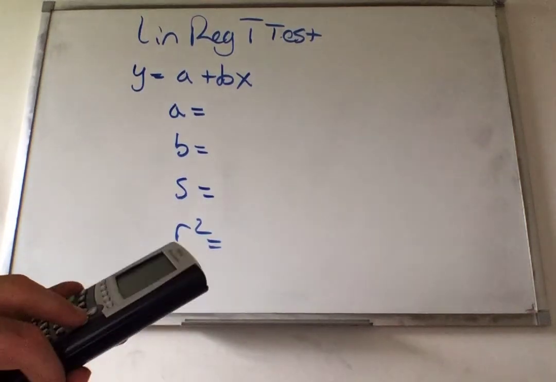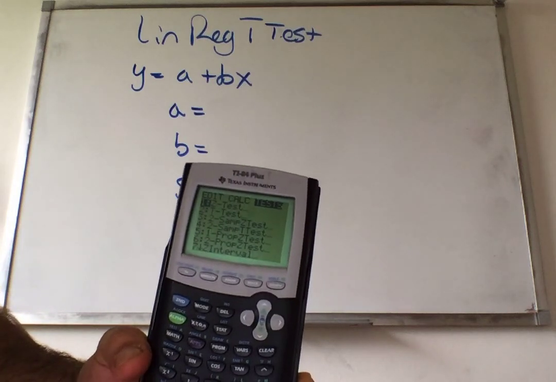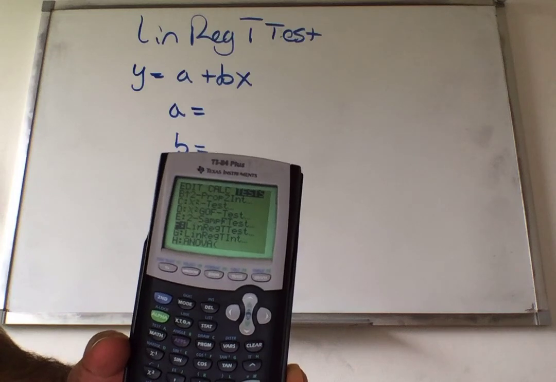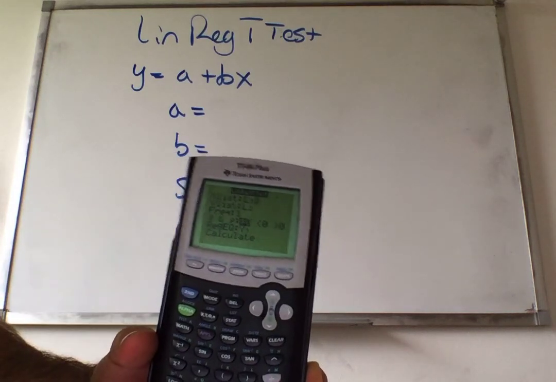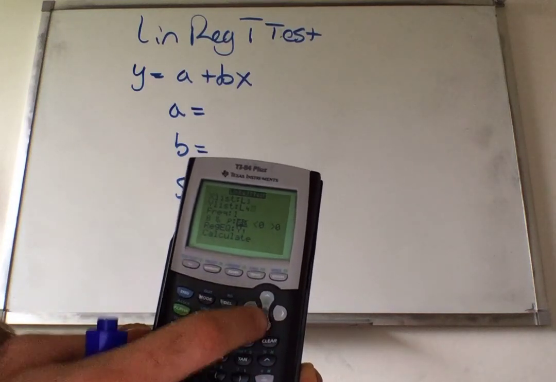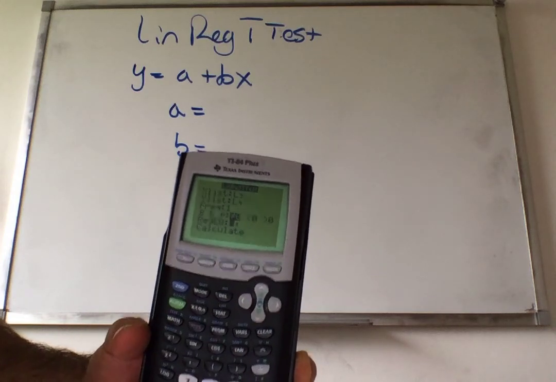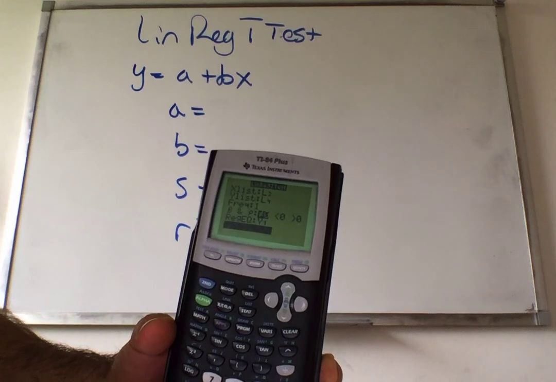So I'm hitting stat, going over to tests, scrolling up to linear regression t-test, hit enter. Now hit second L3 for list 3, second L4 for list 4, not equal to, regression equation. Since we already did it, it already has y1 in there for us. And now all I have to do is go to calculate.